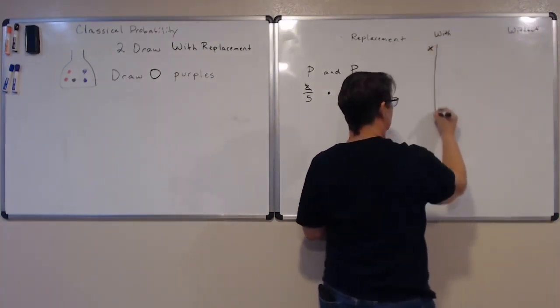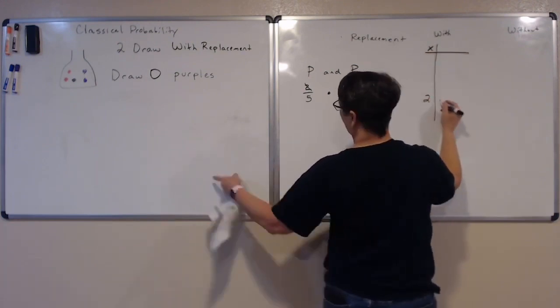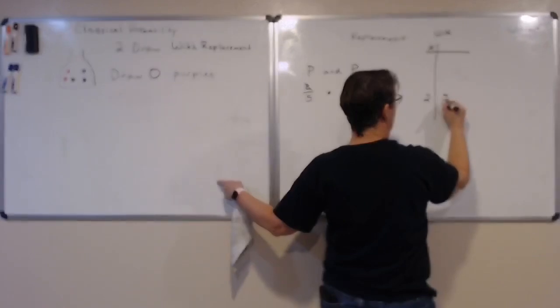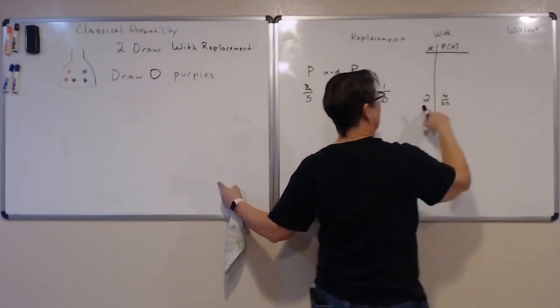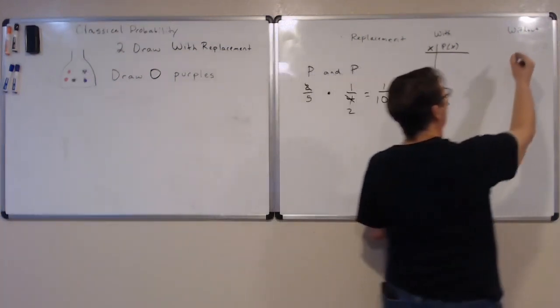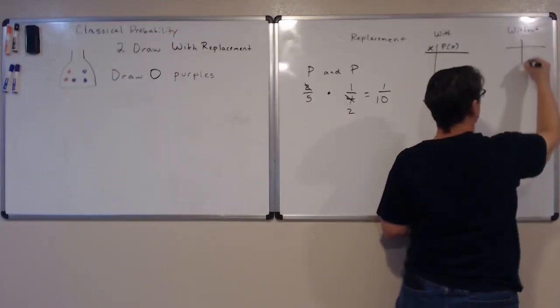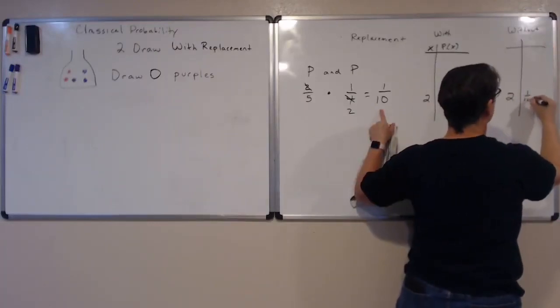So on that first one, we were drawing 2 purples, and the probability was 4 out of 25. Without, though, when we got 2 purples, the probability was 1/10.